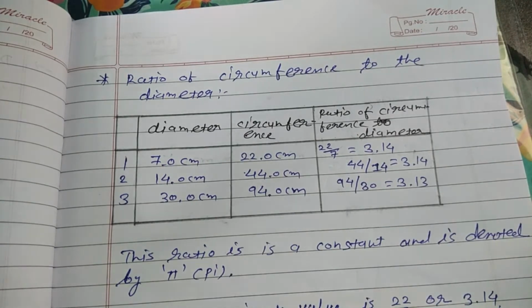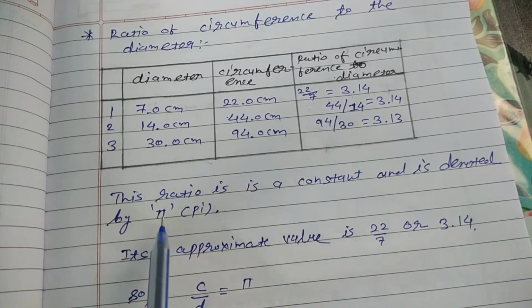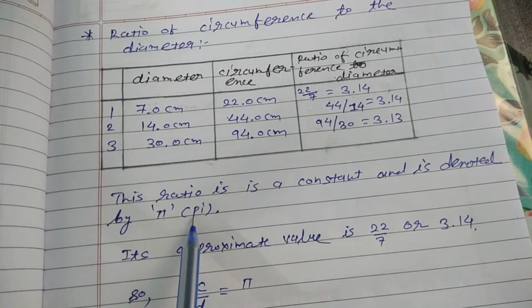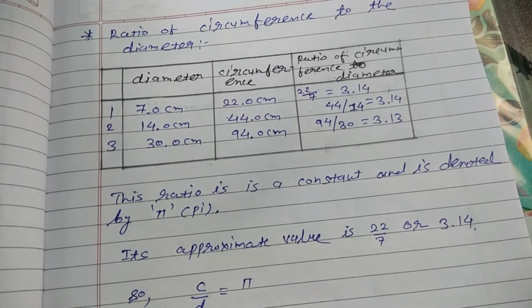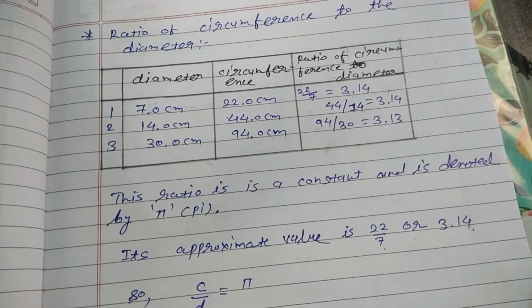For any circle, when we find the ratio of circumference to the diameter, we find this value approximately. And this ratio is a constant and it is denoted by the symbol pi. It is called pi. Its approximate value is 22 divided by 7 or 3.14.